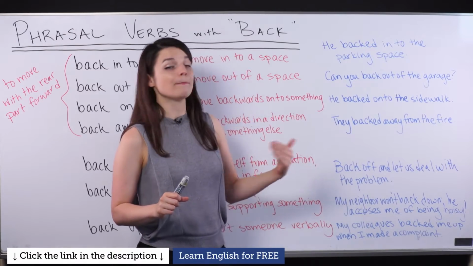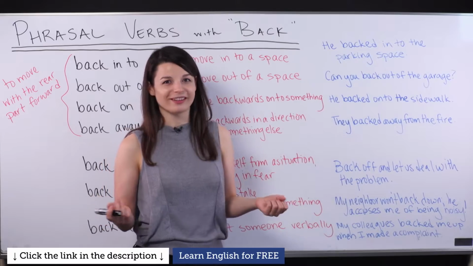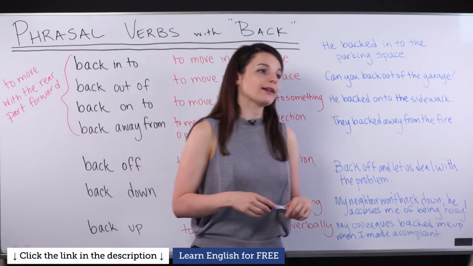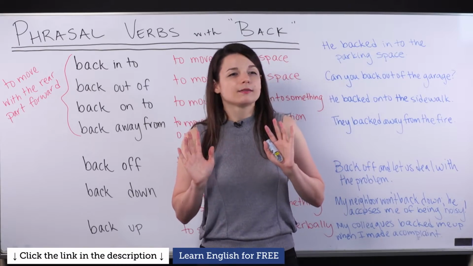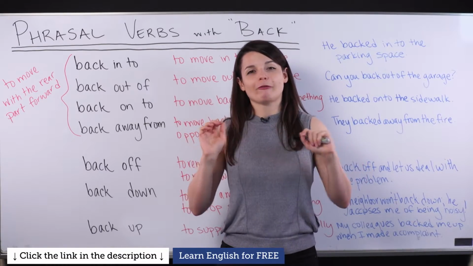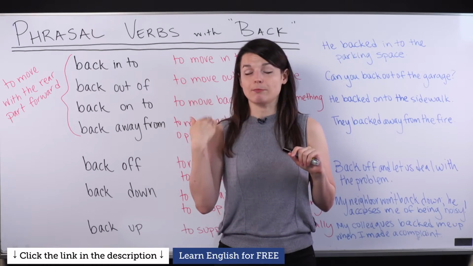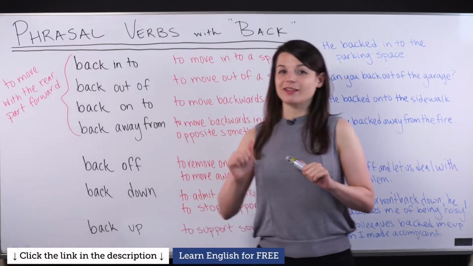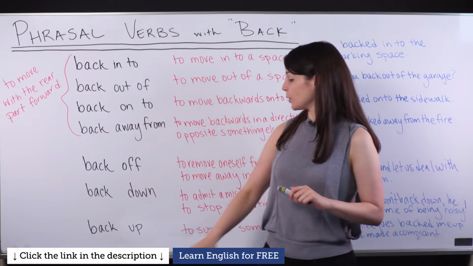So my neighbor won't back down. He won't stop, in other words. He continues to accuse me. So to back down is like, kind of removing your support for something you said or like some behavior you had in the past.